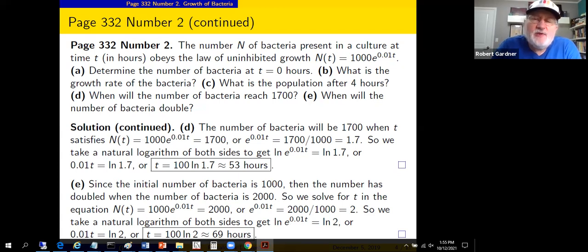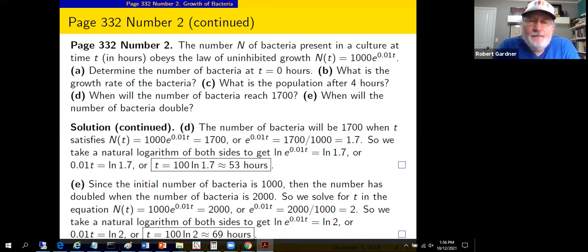Composition of inverse functions. To give us 0.01t equals the natural log of 2. Divide both sides by 0.01 or equivalently multiply both sides by 100. And we get 100 times the natural log of 2 exactly, which is approximately 69 hours, a scientific calculator shows me.